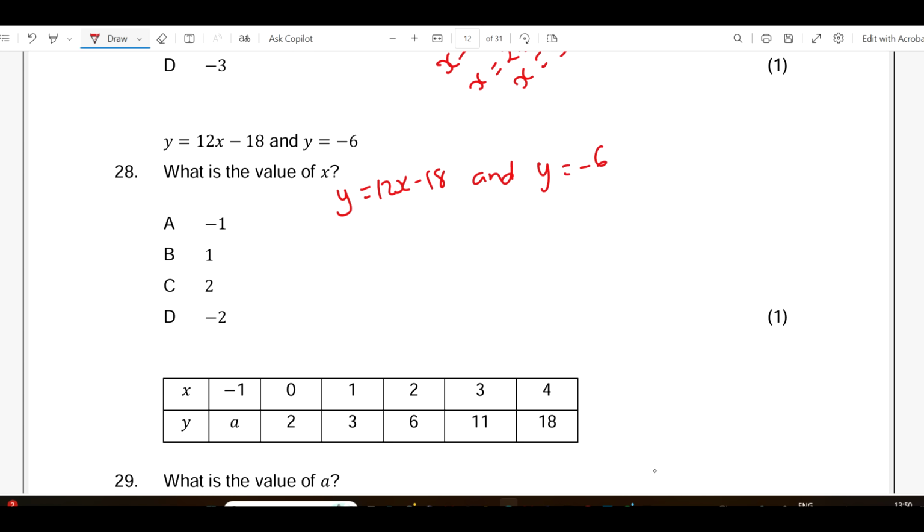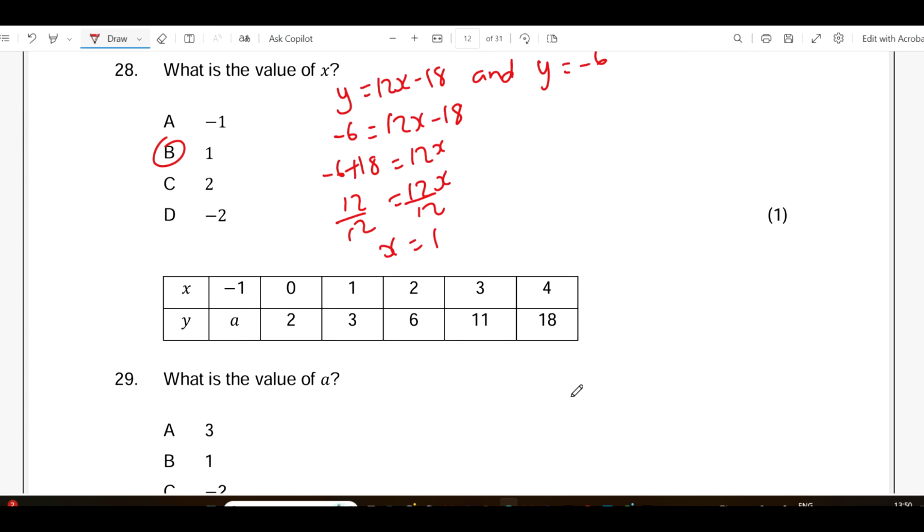Where there is y, I'll put minus 6. It's going to be minus 6 equals 12x minus 18. I will take this to the other side. It's going to be minus 6 plus 18 equals 12x. So 12 divided by 12. I will divide by 12. Therefore, x is going to be 1.